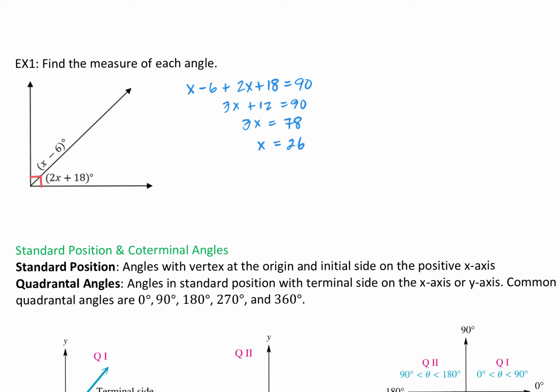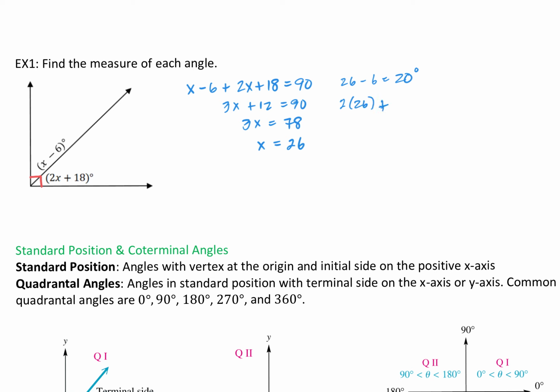However, the question was to find the measure of each angle. So that just tells me what x is. One angle is x minus 6, so 26 minus 6 is 20, and it's going to be degrees. Since they're complementary, I can see that the other angle has to be 70 degrees. However, I'm going to go ahead and plug it in. Remember, that was 2 times x, which is 26, plus 18.